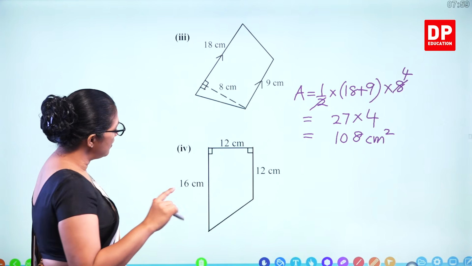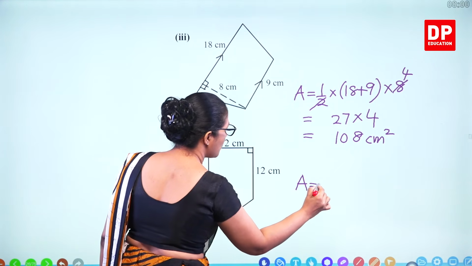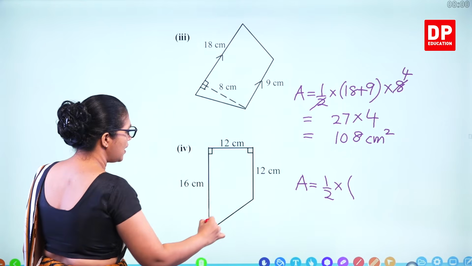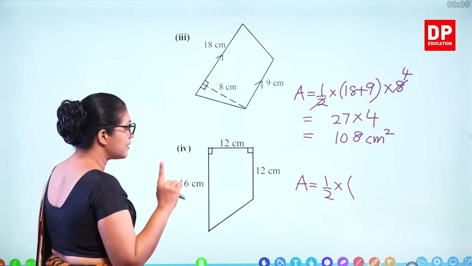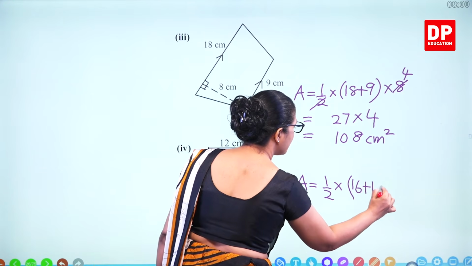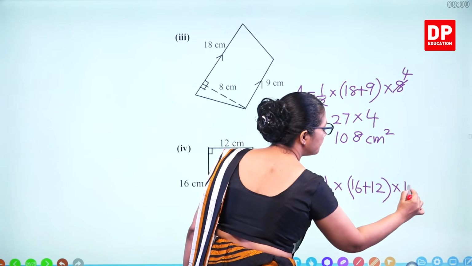Look at this one. Find the area of this trapezium. Area is equal to half times the sum of the two parallel lengths. 16 plus 12. And the perpendicular height is 12.